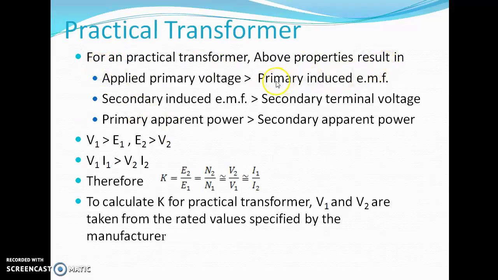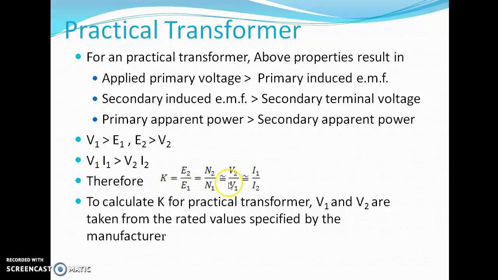Now the above properties result in the following: applied primary voltage will be greater than primary induced EMF. Secondary induced EMF will be greater than secondary terminal voltage. Primary apparent power will be greater than secondary apparent power. This can be written as V1 greater than E1, E2 greater than V2, and V1 I1 greater than V2 I2.